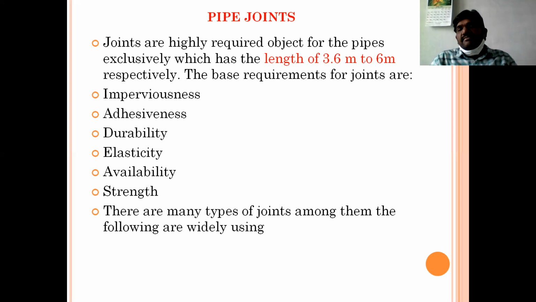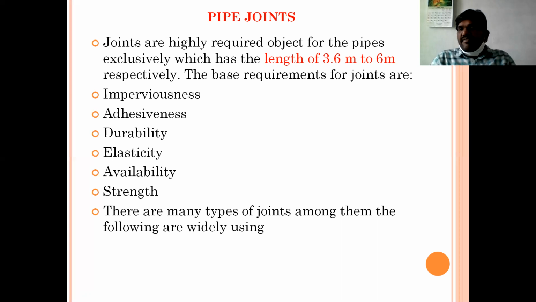And the next one, the strength must be good. It should withstand the forces which may act on the pipe, most probably the unavoidable forces of traffic or different heavily loaded vehicles as they move on the road.